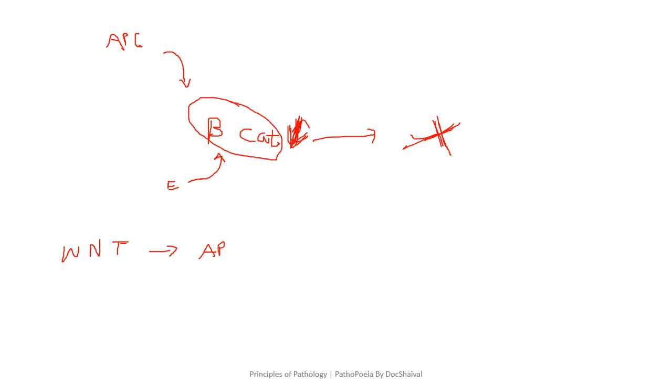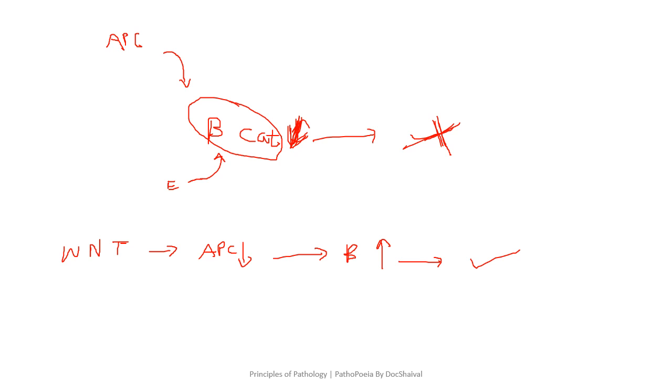The APC activity decreases, and the APC normally causes the degradation of the beta-catenin. So beta-catenin would rather increase if the APC activity decreases, and this would cause the cell cycle to proceed because of the increased transcription. Okay, so this is the mechanism of controlling the beta-catenin.